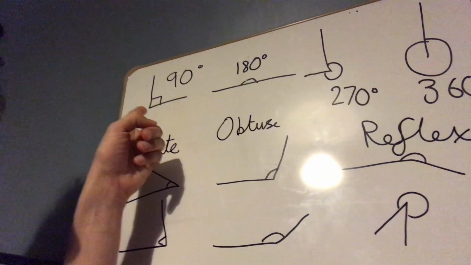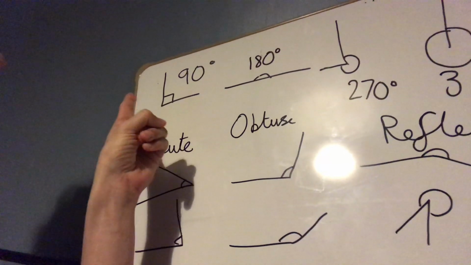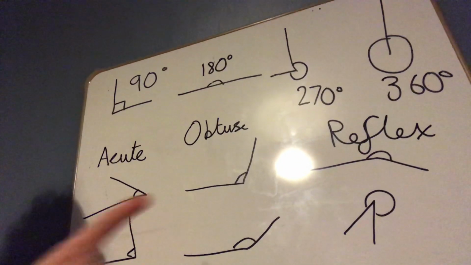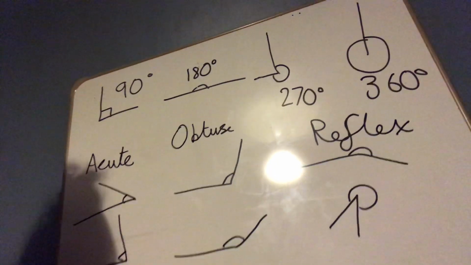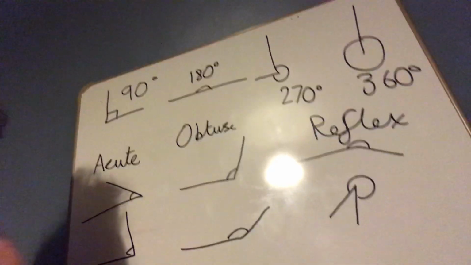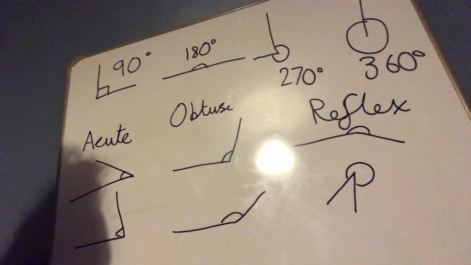Now, anything between a right angle and a straight line, so anything between 91 and 179, is an obtuse angle. Or as I like to call it, an obese angle, the big fat angles. So look, even if it's just over 90 or just before 180, it's an obtuse angle.